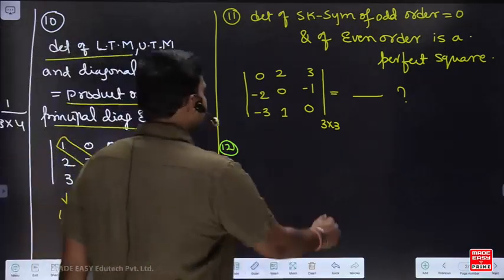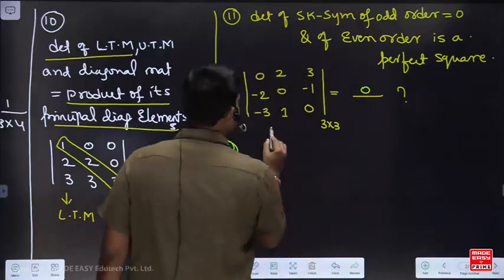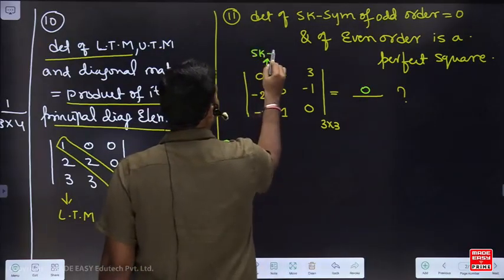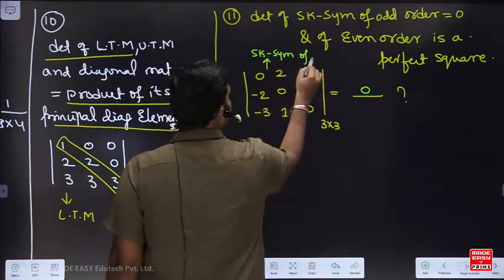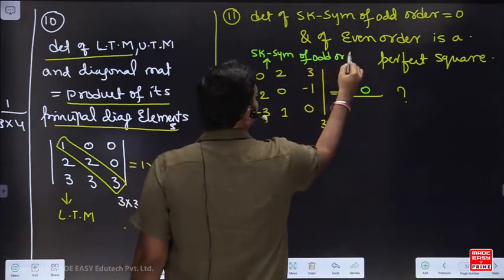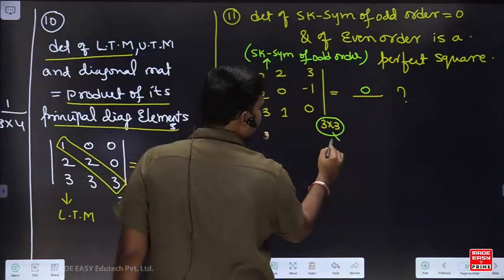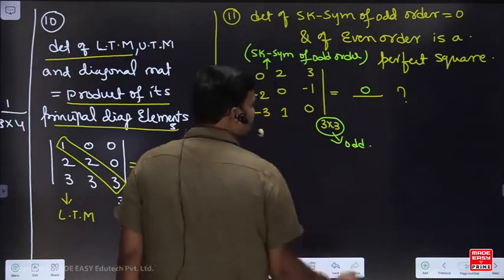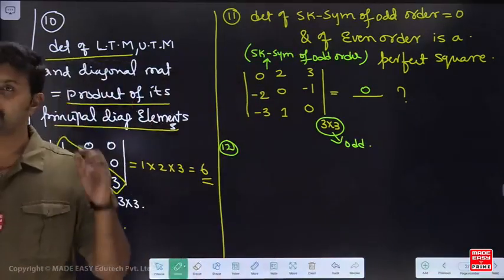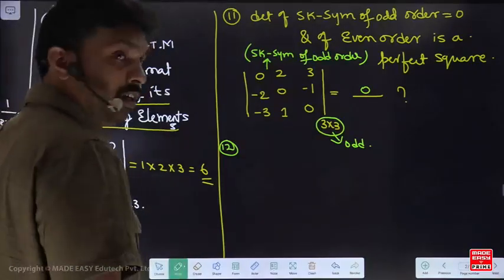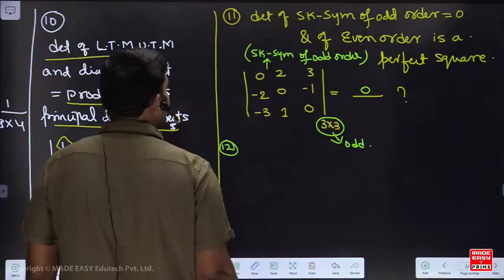Yes, this determinant is 0 because it is a skew symmetric matrix of odd order. It is of odd order, right? For skew symmetric of odd order, the determinant is 0 here.